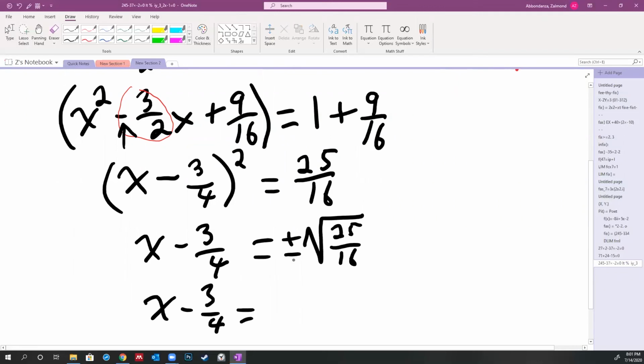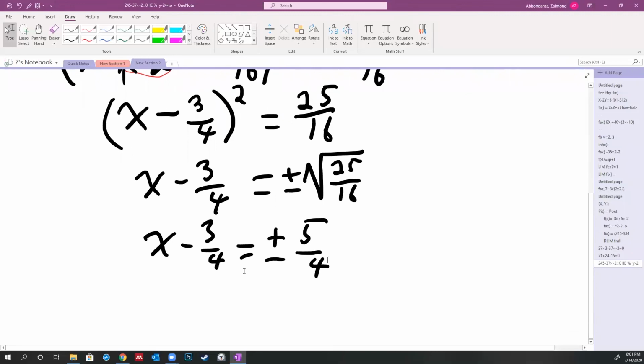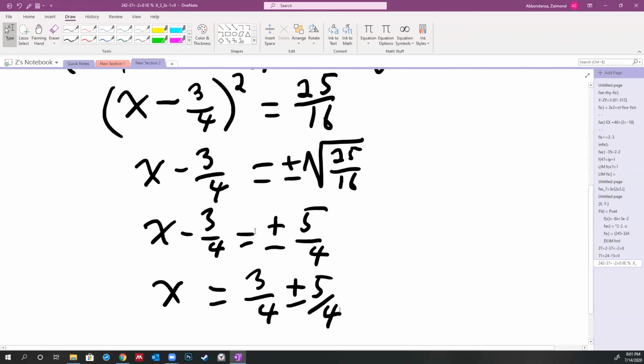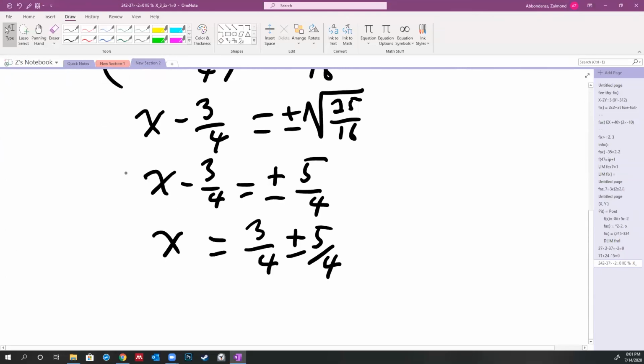Plus or minus the square root of 25/16 is, of course, plus or minus 5/4. And I'm going to add 3/4 to both sides so I'll isolate the x. And x equals 3/4 plus or minus 5/4. Again, keep in mind that that plus or minus is shorthand for two separate equations that we're solving both at one time.